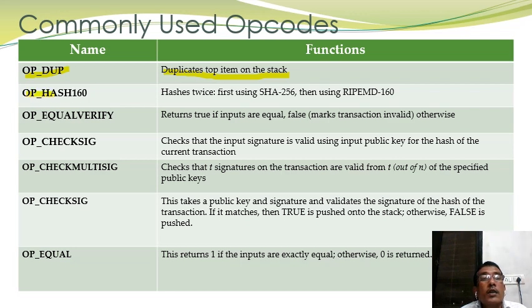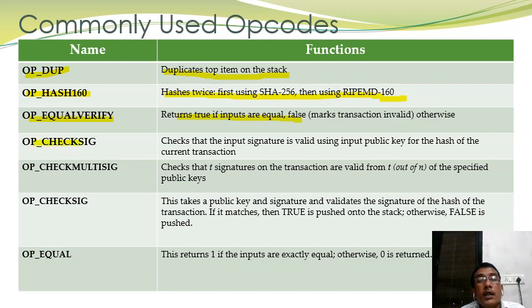Then the opcode hash160. It hashes twice. As we know, in Bitcoin two types of hash functions are used, SHA-256 and RIPEMD-160, so it calculates the hash value twice. Then the equal verify opcode returns true if both inputs are equal, otherwise false.